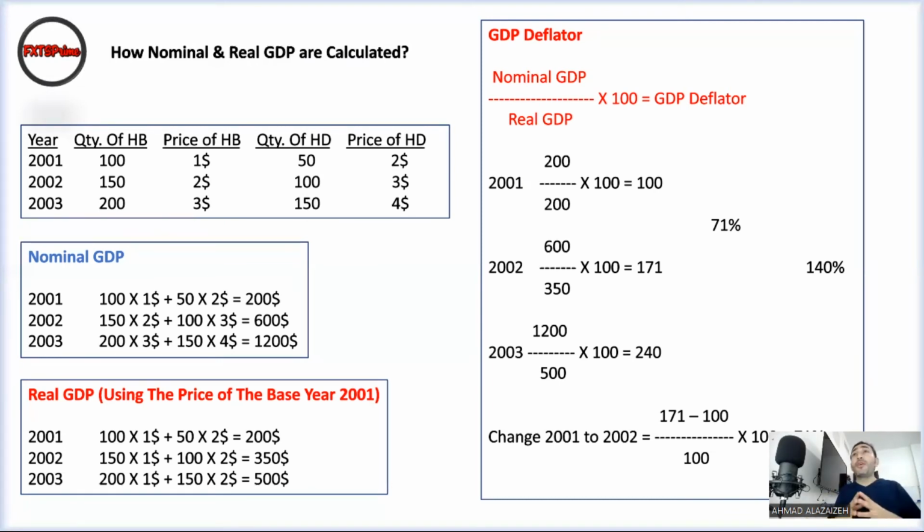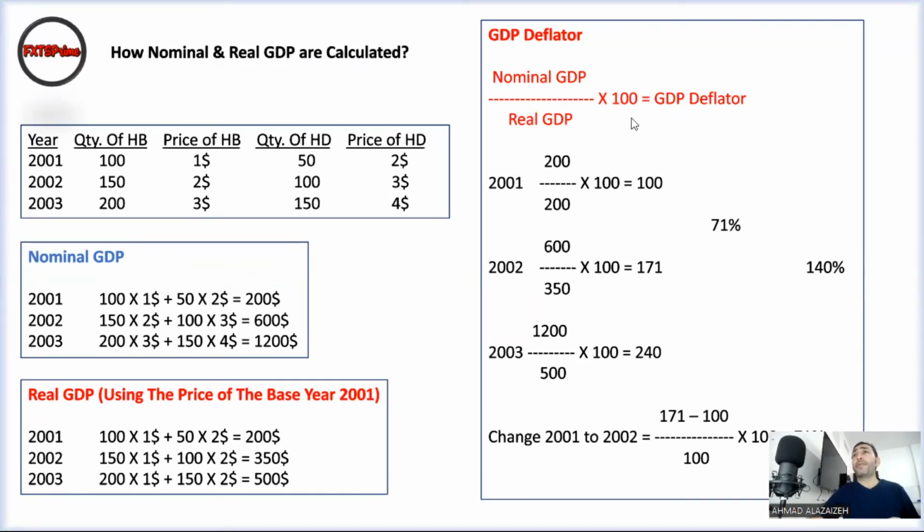Now I'm going to discuss with you the formula of the GDP deflator. There is a formula called the GDP deflator, and this formula is used to easily calculate the real GDP without going through this calculation. The formula says that the nominal GDP divided by the real GDP will give you the GDP deflator.